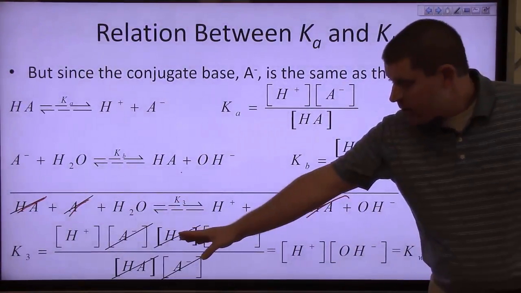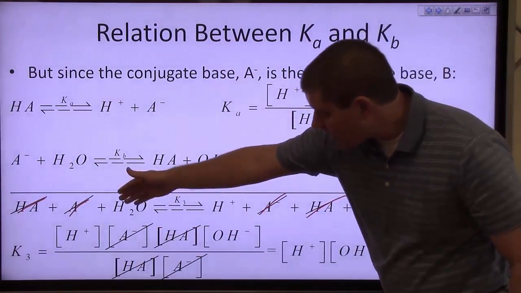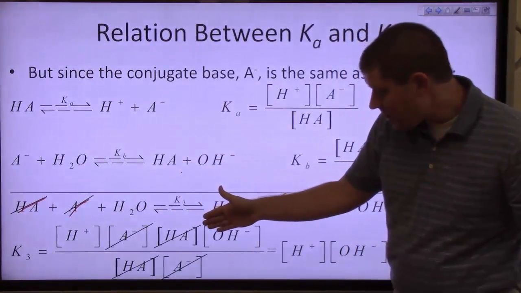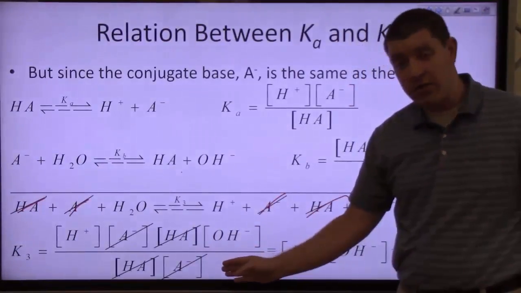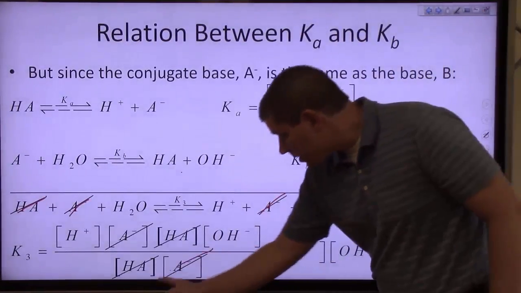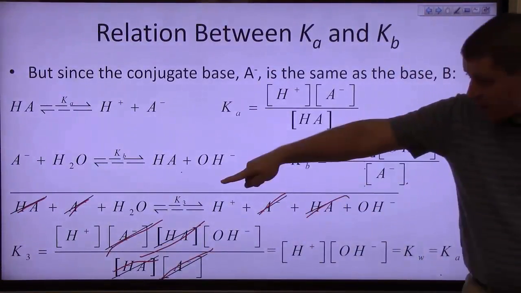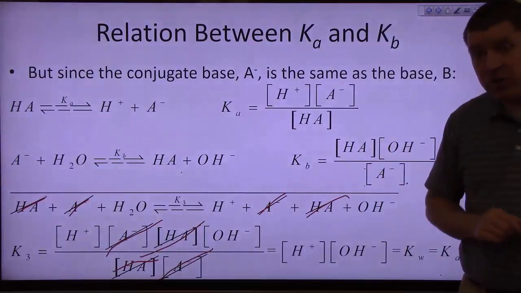And in our equilibrium constant expression, we have K3 is equal to the concentration of H plus times the concentration of A minus times the concentration of HA times the concentration of OH minus divided by the concentration of HA times the concentration of A minus. Well, these two cancel, those two cancel, and we're left with K3 is equal to the concentration of H plus times the concentration of OH minus.